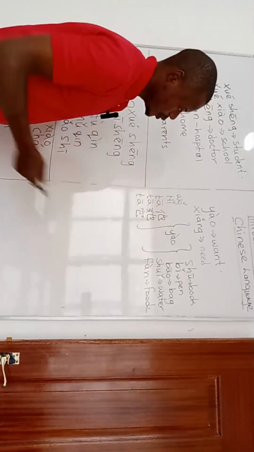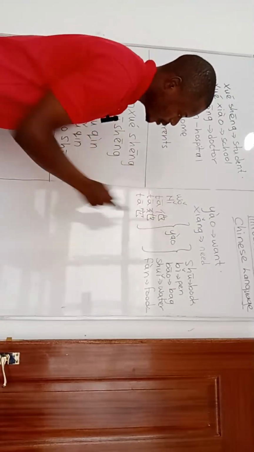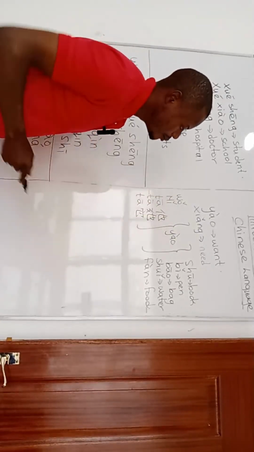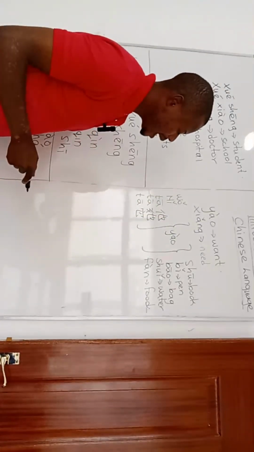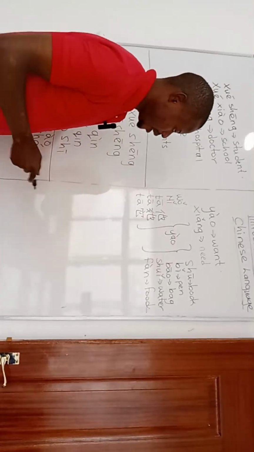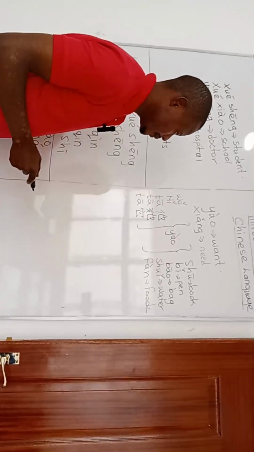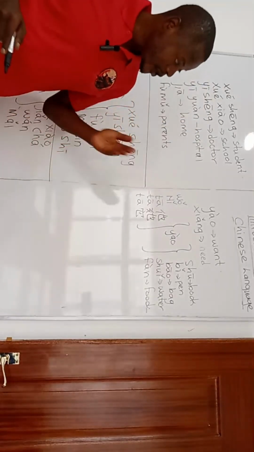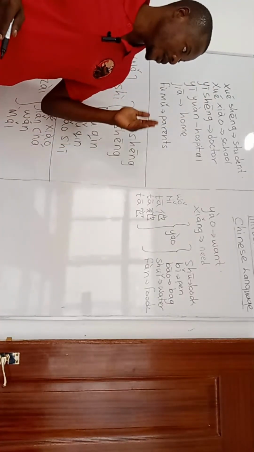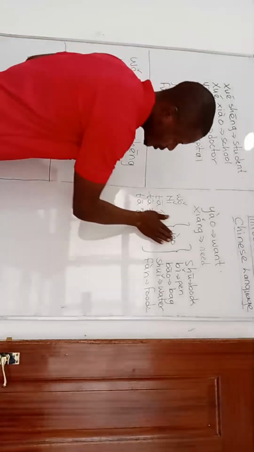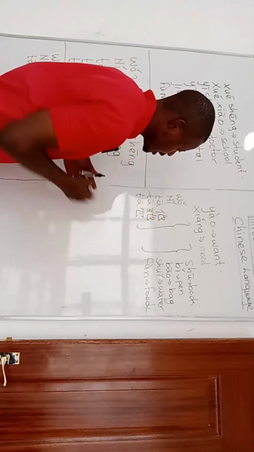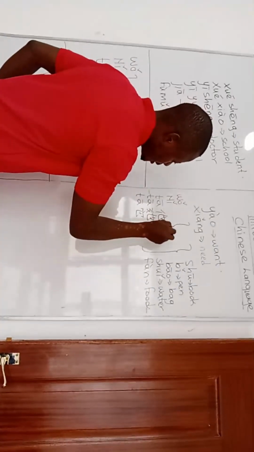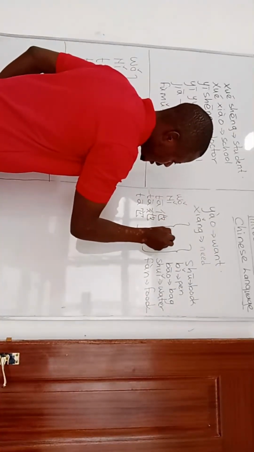If it's you, you say 你要书, 你要笔, 你要包, 你要水, 你要饭. Simple, right? And if we want to change to use 想, it is also the same way. You just put here 想.